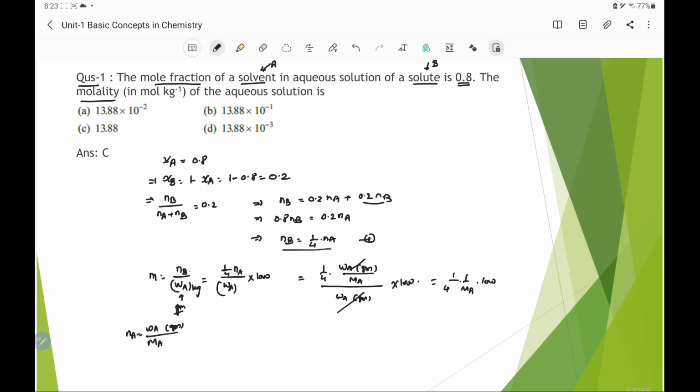Because this is an aqueous solution, the solvent is water, which has molecular weight 18. So molality is 1 by 4 into 1 by 18 into 1000, and on solving the expression we get 13.88. So the answer is option C.